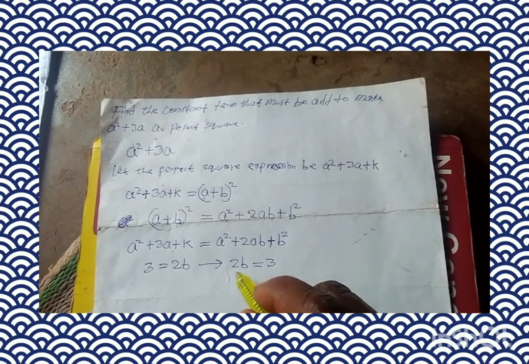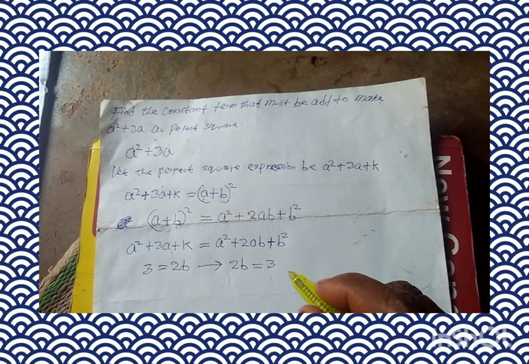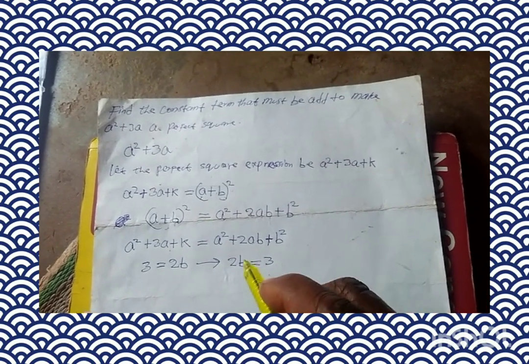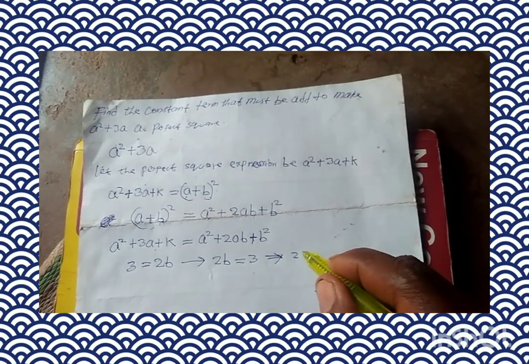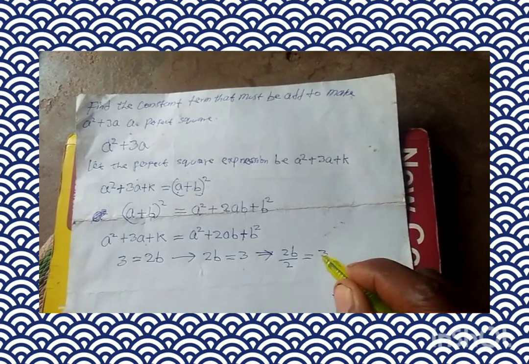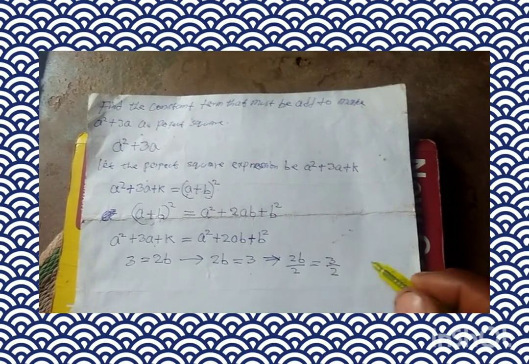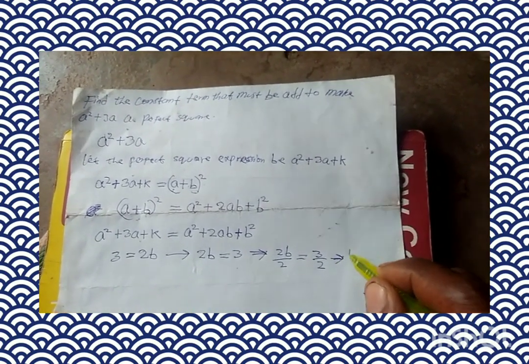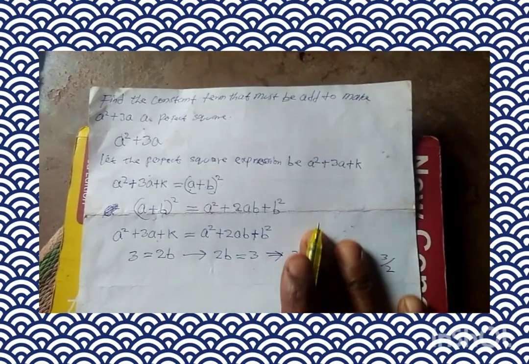If you divide both sides by 2, we get the value for b. So 2b all over 2 is equal to 3 all over 2. Therefore b is equal to 3 over 2.